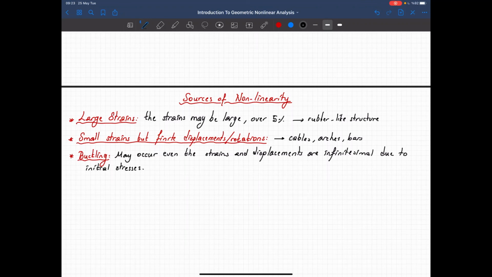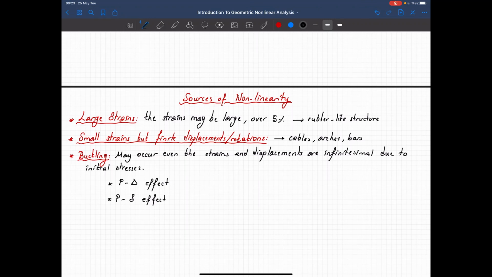Okay? And there are two analysis types that we usually see, especially in the commercial softwares: the P large delta effect, and the P small delta effect.